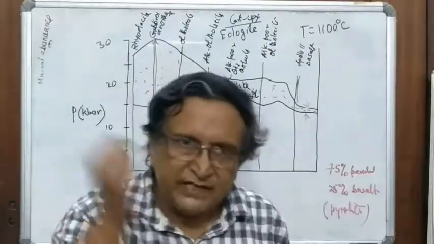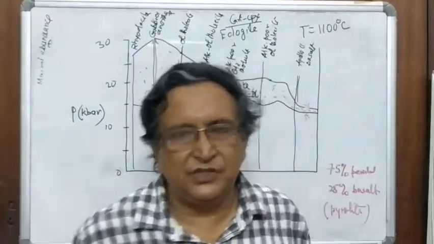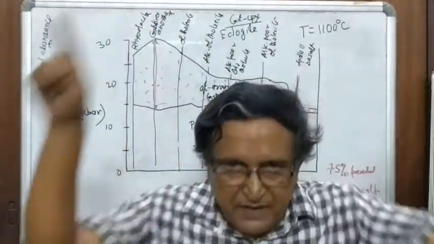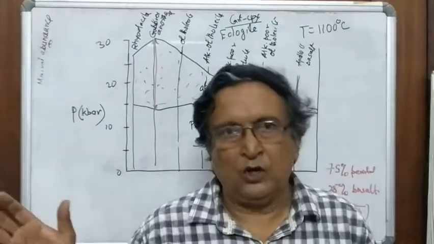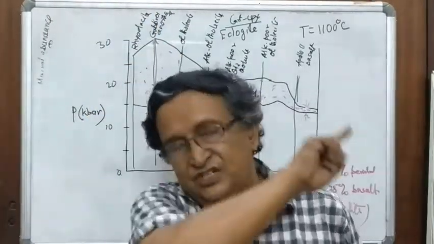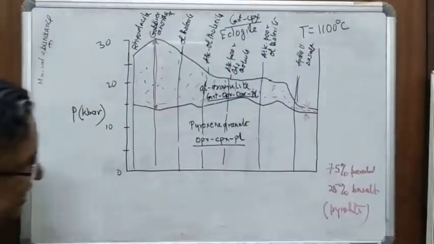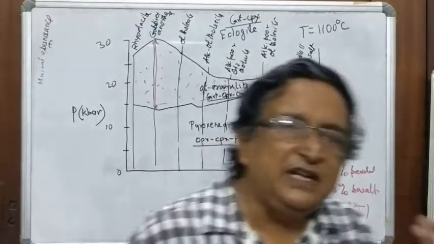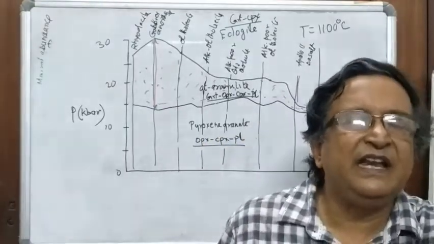A basalt metamorphosed at eclogite facies condition is called an eclogite. Eclogite facies is the PT condition where any rock that crystallizes is called an eclogite facies rock. So his 25% comes from the fact that only 25% of the upper mantle contains eclogite.